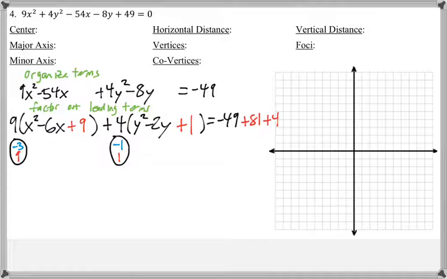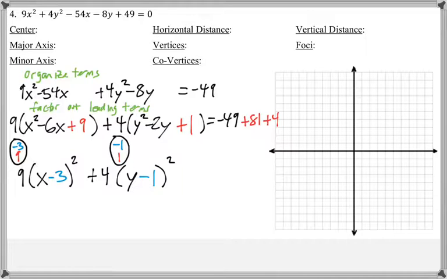Okay, so if I continue with completing the square, this is going to be 9 times x minus 3. So this factors as a perfect square trinomial, and that's why we see this number again. Plus 4 times y minus 1 squared, and this will be equal to 36.